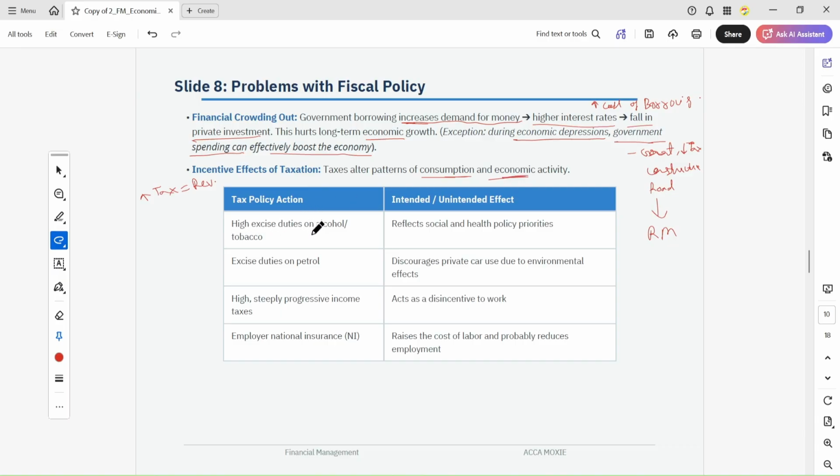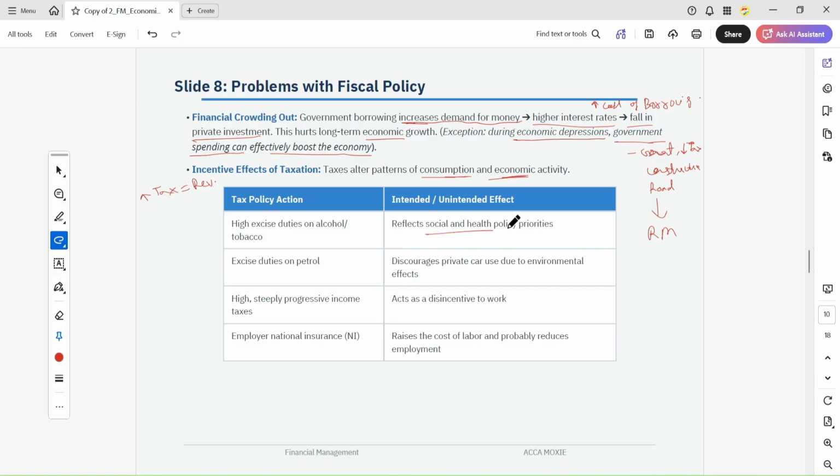So high excise duties on alcohol and tobacco: when the excise duty on alcohol and tobacco increases, what happens? The demand for tobacco and alcohol products will reduce. So this reflects social and health policy priorities.